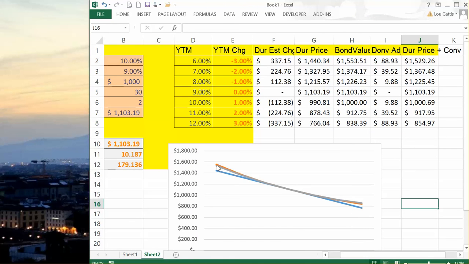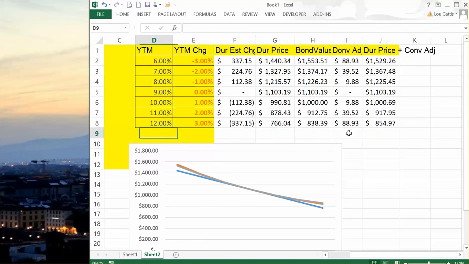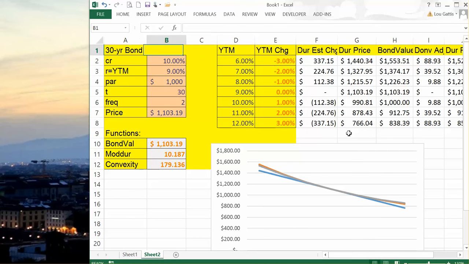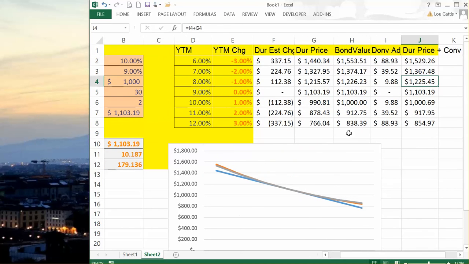Now, it's not exact. There is a little bit of error left over, and that's probably because the third derivative of price with respect to yield is not zero. But we usually stop in finance and just calculate the effects of the first and second order derivatives, and that is convexity.